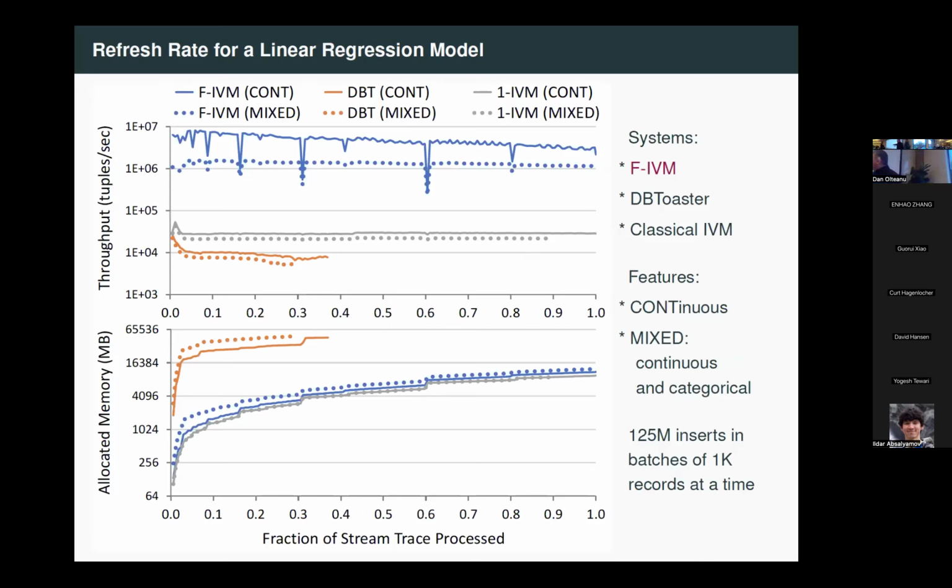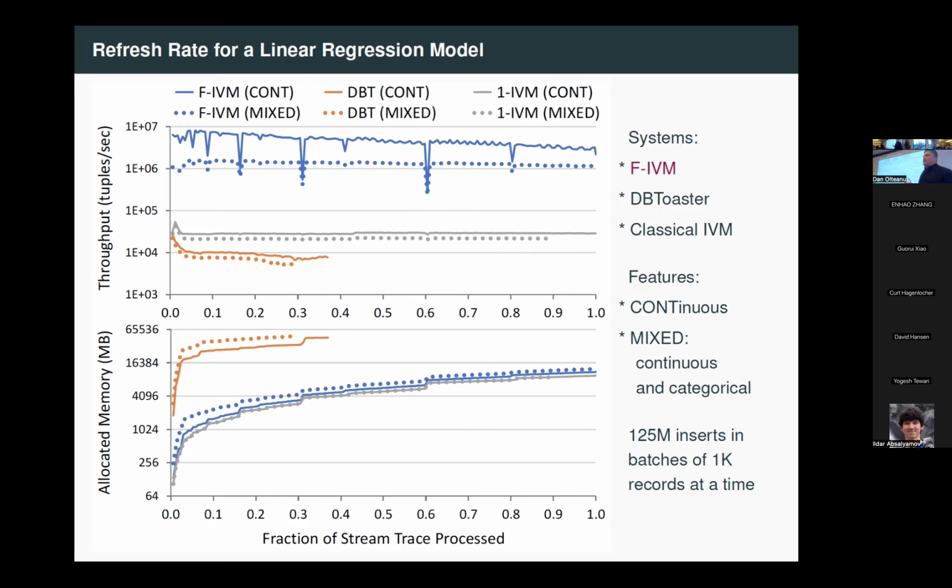Okay, so we looked at the effect of this. Here, what you see at the very top is the throughput of our system and different other systems. Throughput means how many updates you can process per second. We compared against DBToaster, which is a state-of-the-art system for incremental maintenance, and one IVM.